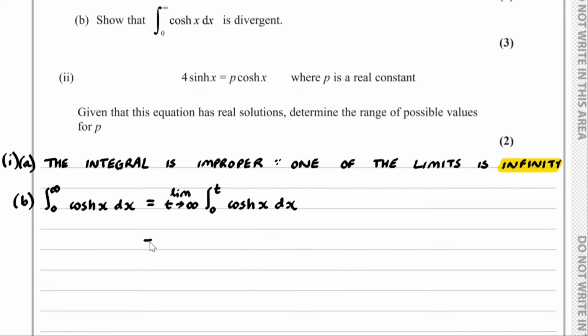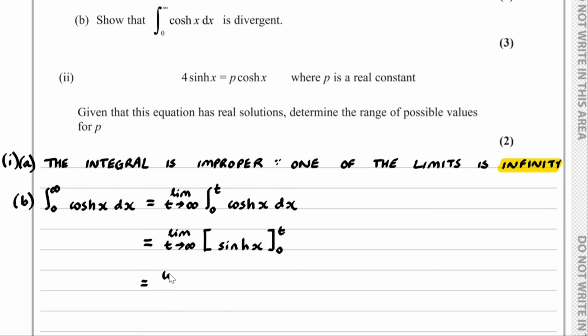So we've got the limit as t tends towards infinity of, well, if I integrate cos, I get sine. So I've got the limit as t tends towards infinity of sine x between 0 and t.